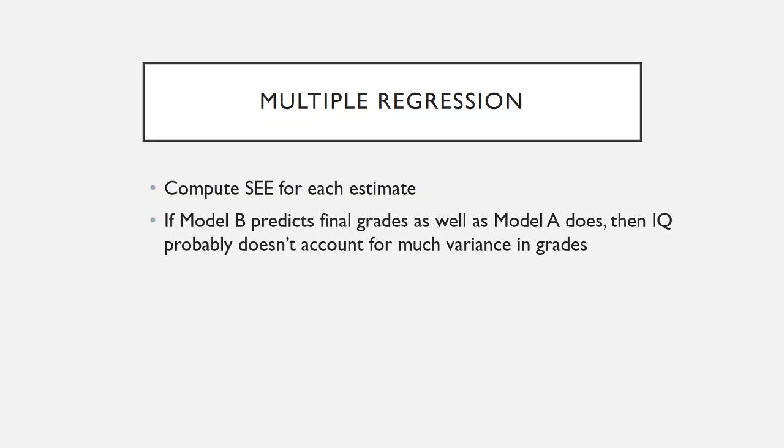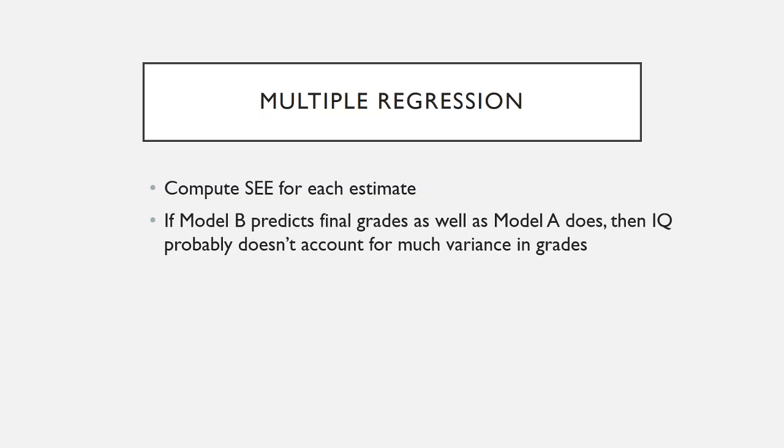So even if model A was to have maybe a slightly better standard error of the estimate, but not very much, you might conclude that IQ doesn't bring enough to the table to be worth including in the equation. You could just stuff more and more predictor variables into the equation to try and get to a 0 standard error of the estimate. You don't necessarily need to do that. You want to identify which variables are important.